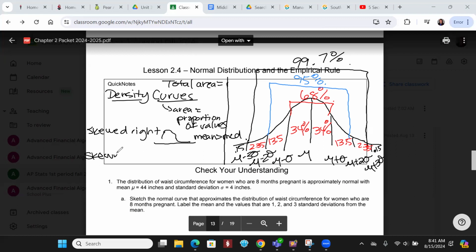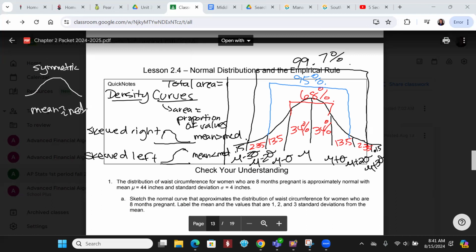Skewed left is going to be the opposite, and the mean is less than the median. Again, we've already talked about that, but just a reminder. Now, if you have symmetric, the mean is roughly equal to the median.